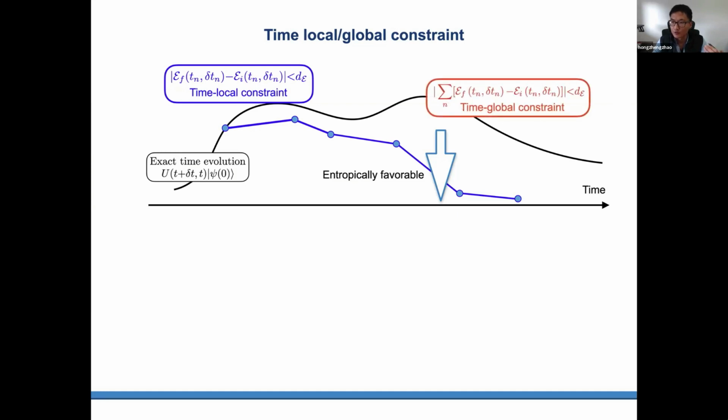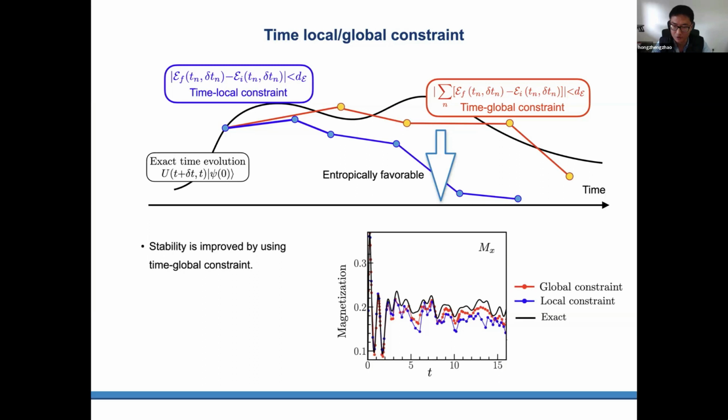But in order to increase the stability of this algorithm, we propose the concept that rather than using a time-local constraint, you need to control the accumulated errors throughout all of the previous simulation history: you sum them over, and then you control these errors. Here is just a schematic, but now I can also show you a numerical simulation.